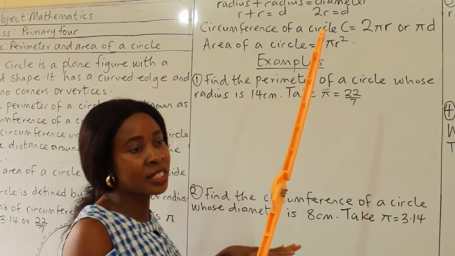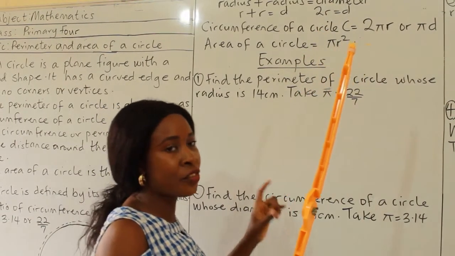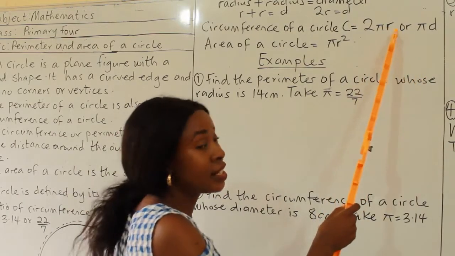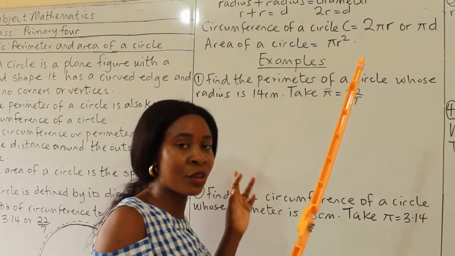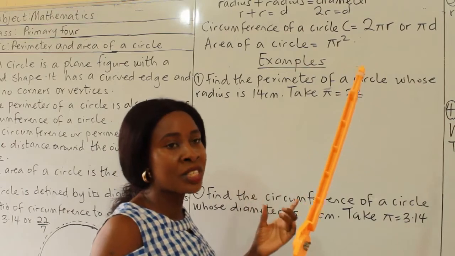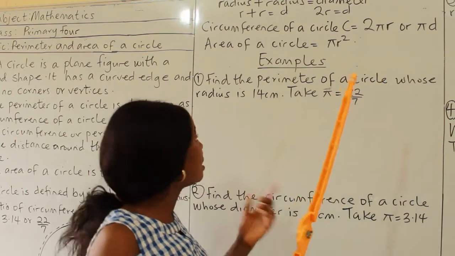When you're through with your calculation, if the radius or diameter is given in centimeter, your answer will be in centimeter. If the radius or diameter of that particular circle you're trying to find the perimeter or circumference of was given in meters, your final answer will be in meters.